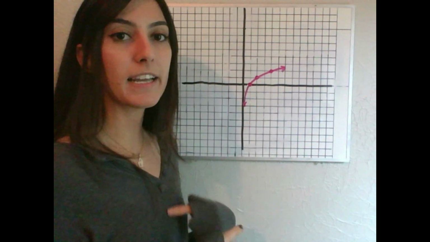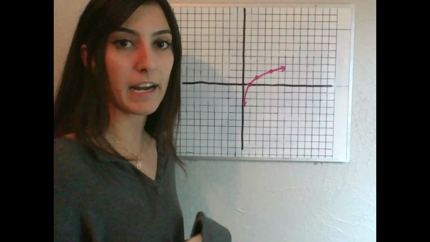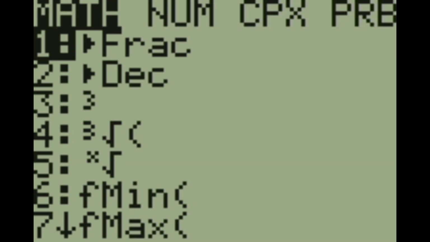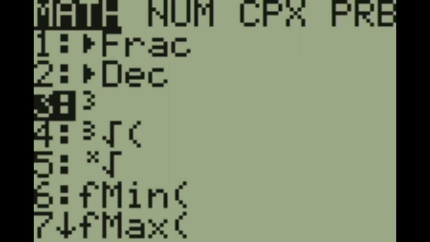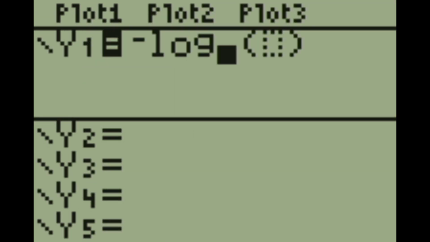Now let's go ahead and plug our second function into the calculator and graph that so we can compare. It's a negative log, but we need to go back to Math and go all the way down to A so we can add in that base of 2.